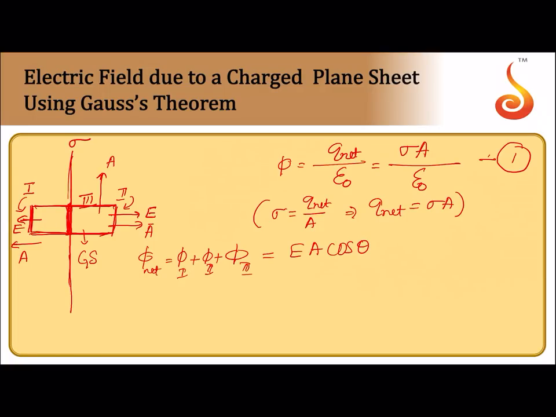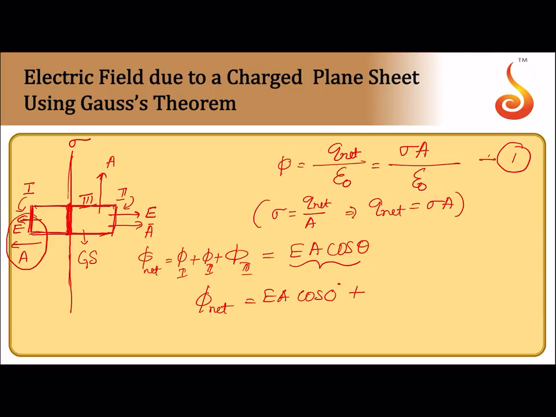So now net flux is equal to, for surface 1, E A into cos 0. Why 0? Look at this diagram. E and A are parallel to each other.